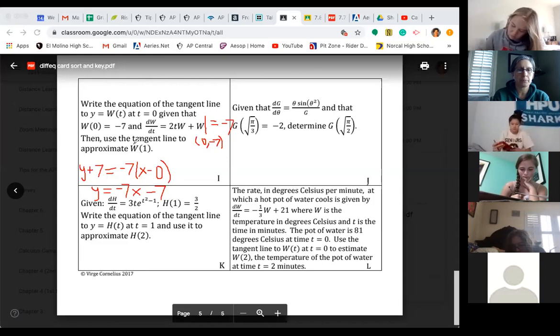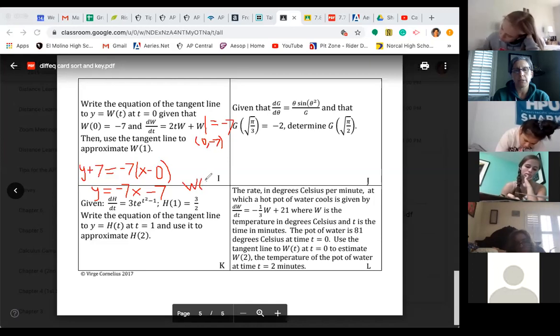Maybe I should be using a t because that's my independent variable, but I used x and y. Okay, so then I would substitute that 1 into my independent variable x, and that would give me then that w at 1 is going to be approximately equal to -14.